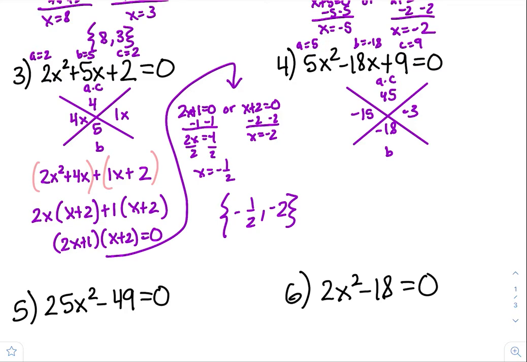So we are gonna have 5x squared. Remember, these are x terms now. -15x minus 3x plus 9. Put them into their groups. So from the first parentheses, you can factor out a 5x.